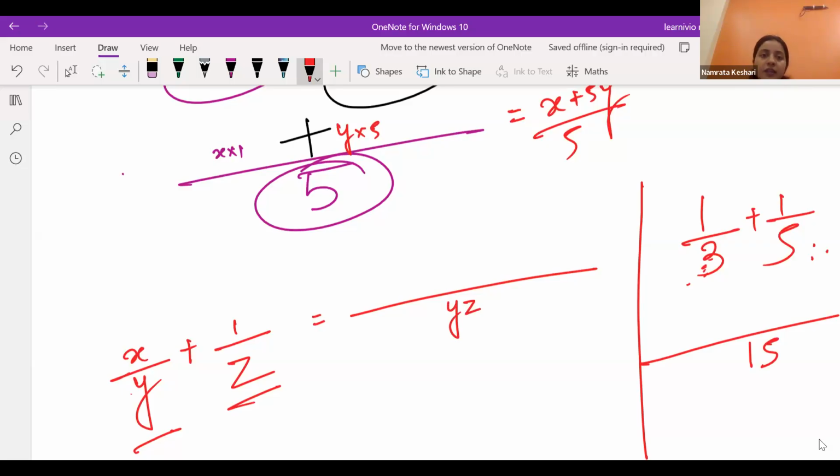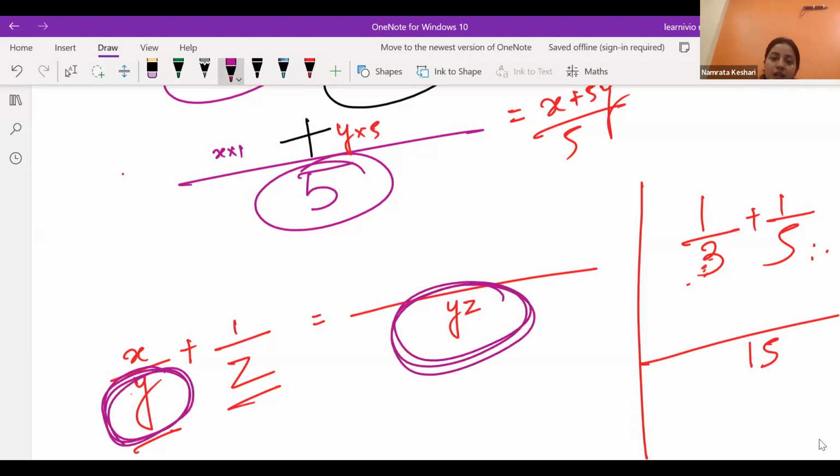Yes, ma'am. Now we will be just comparing. Previously the denominator was Y and your current denominator is YZ. What has been multiplied with Y to create YZ? What we must have multiplied with y to make it yz. So are you understanding? Z must have been multiplied over here. Getting it? Yes, ma'am.